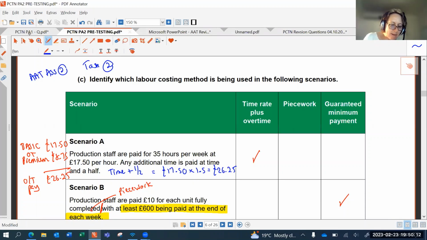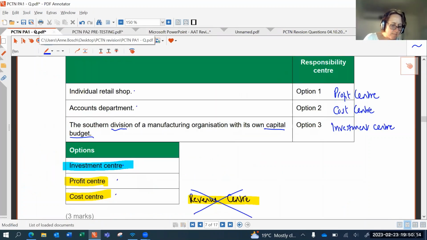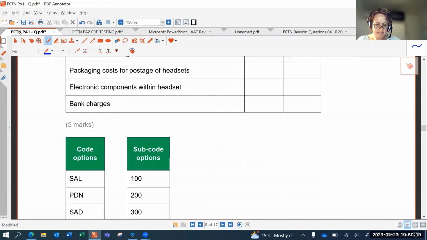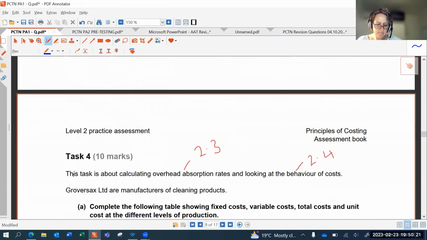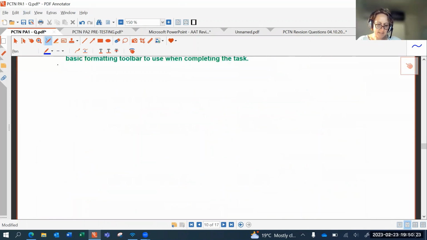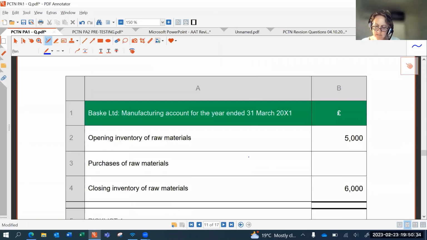So we're now just going to go back to AAT assessment number 1. And I'm thinking it's task 6. Let's find task 6 here. Sorry, the screen doesn't want to go at quite the speed I want it to.